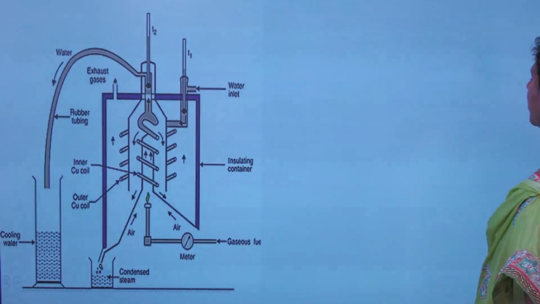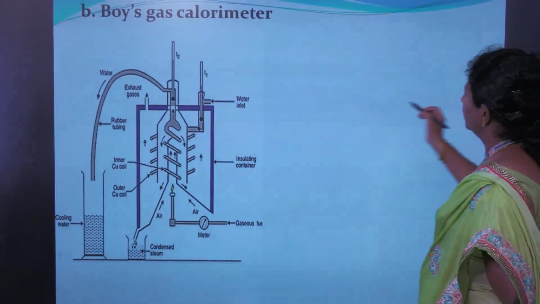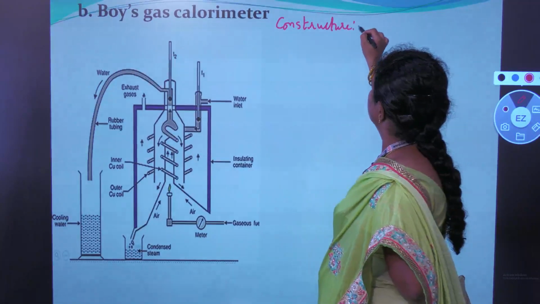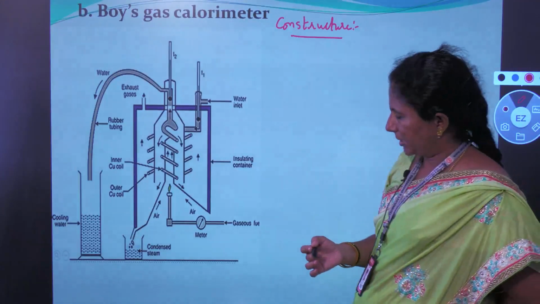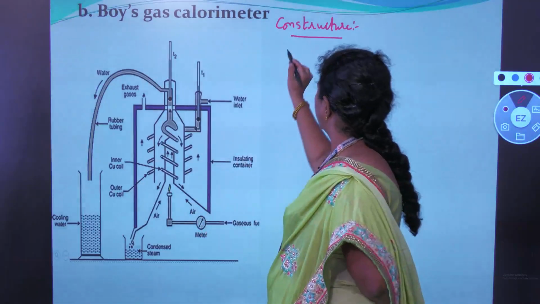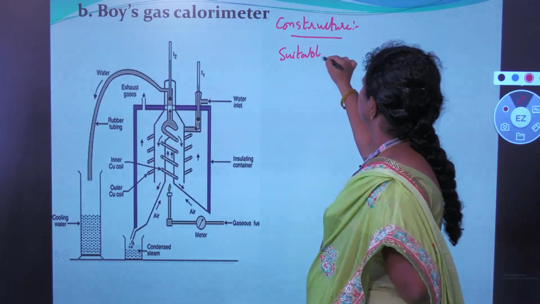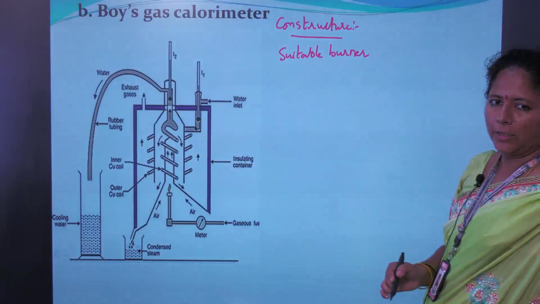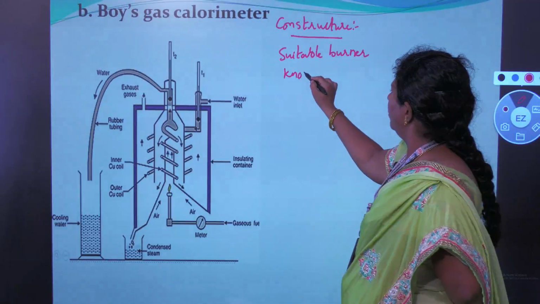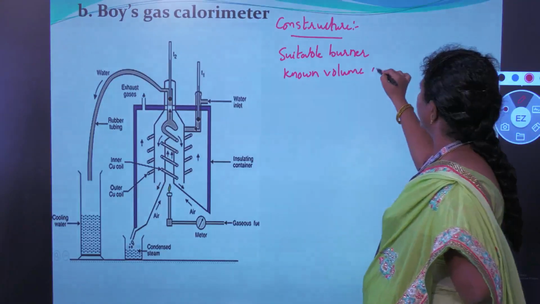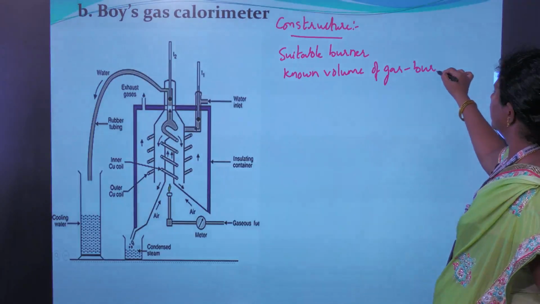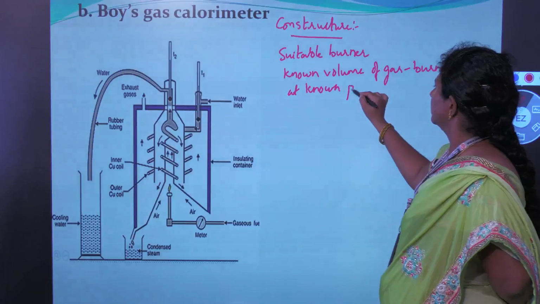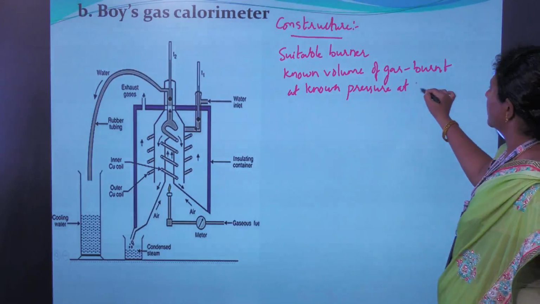Now coming to the construction of this Boyle's gas calorimeter. Boyle's gas calorimeter consists of a suitable burner, and here known volume of gas will be burnt at known pressure at constant rate.